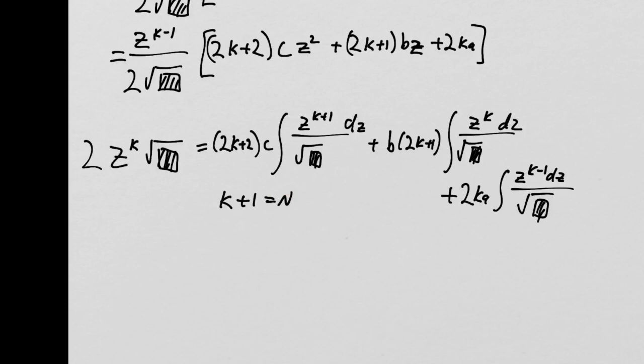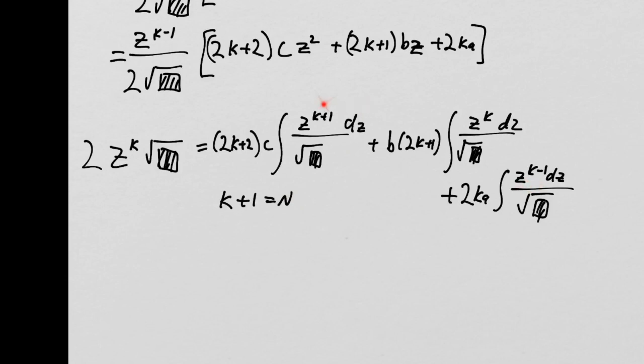Totally semantic maneuver. Let me say I'm going to make the substitution, and then when I substitute k plus 1 for n, this will become z to the n. So I'm going to make this substitution, and then I'm going to solve for this integral, which will be z to the n. And then, of course, k will be n minus 1, and k minus 1 will be n minus 2.